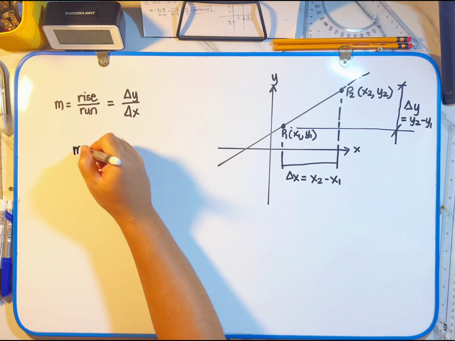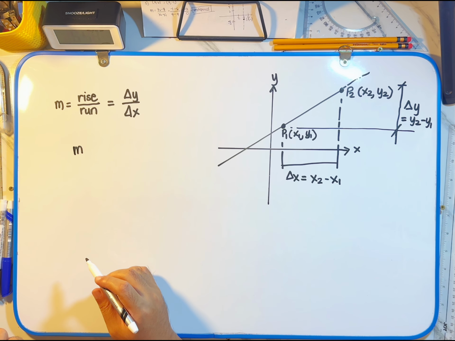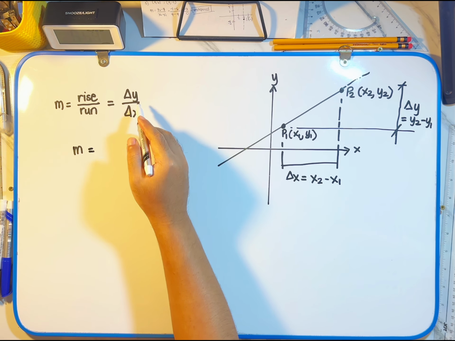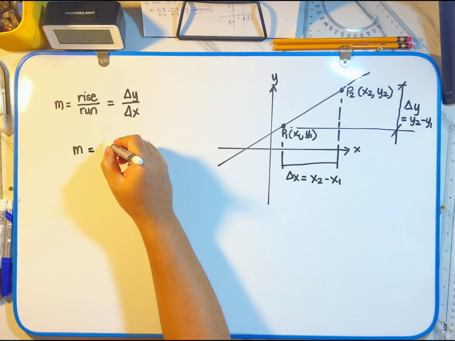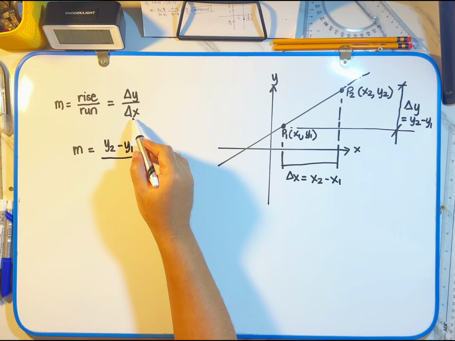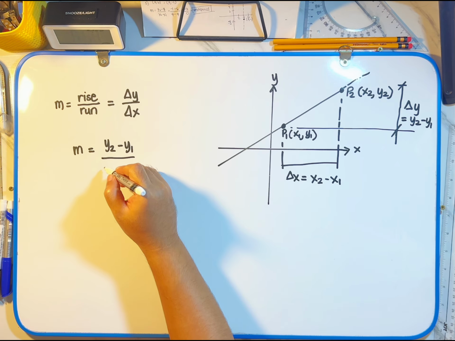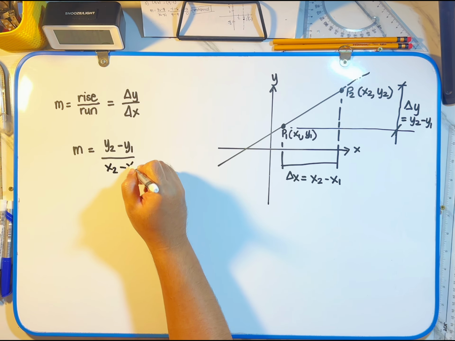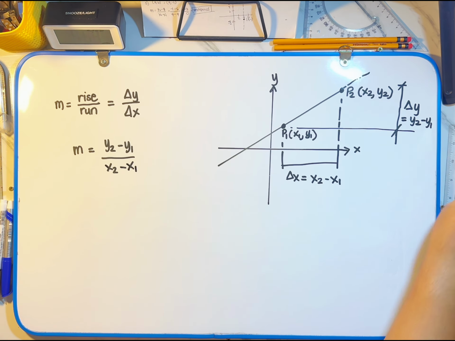Therefore, we can say the slope m, slope is usually denoted by the variable m, is equal to delta y, y2 minus y1, divided by delta x, which is x2 minus x1. And that's our slope formula.